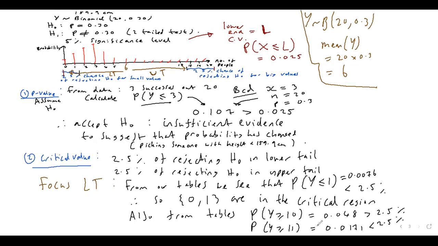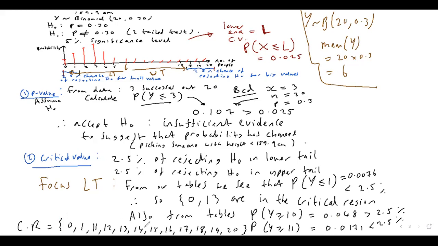So 11, 12, 13, 14, 15, 16, 17, 18, 19, 20 are in our critical region. So our critical region is going to be 0, 1, 11, 12, 13, 14, 15, 16, 17, 18, 19, 20.